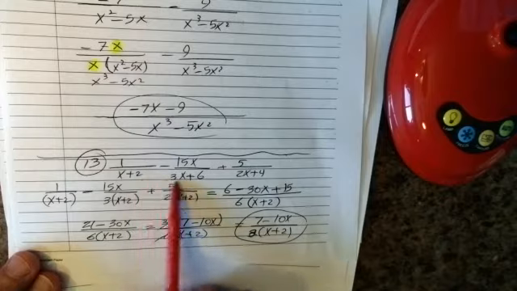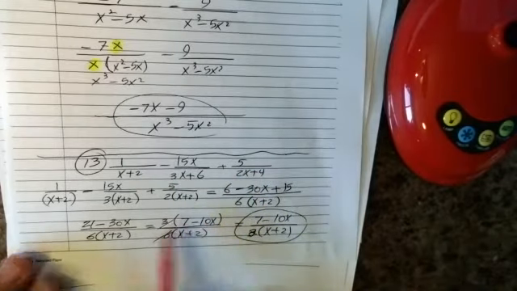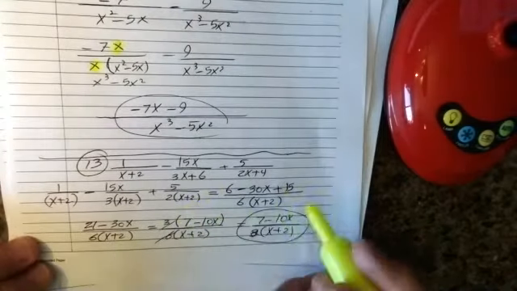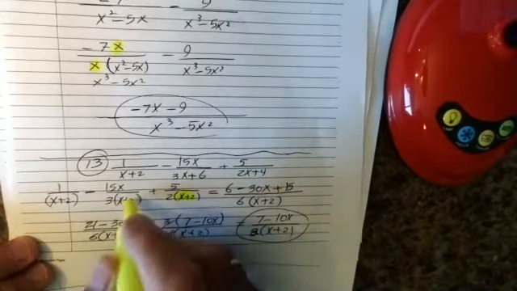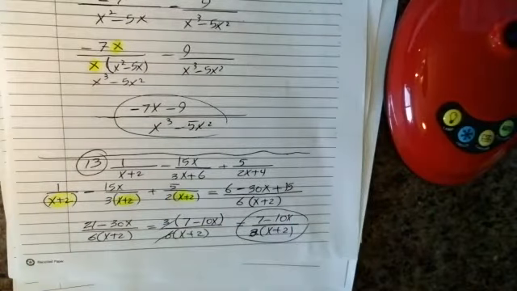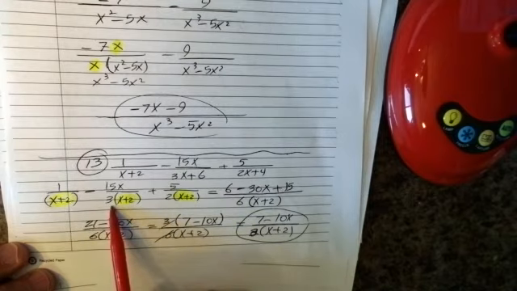First, we factor each of these. So they all have x plus 2. All three fractions have x plus 2. So the common denominator here is 6, really, as far as the numbers.